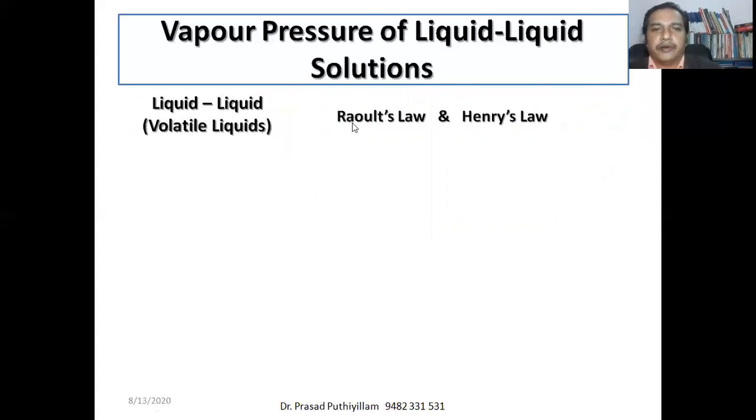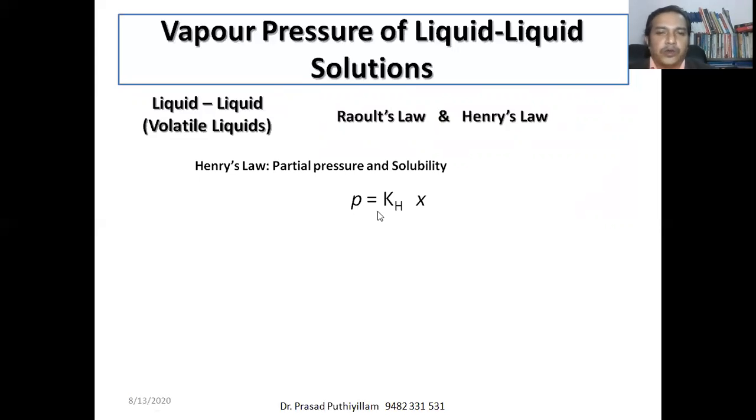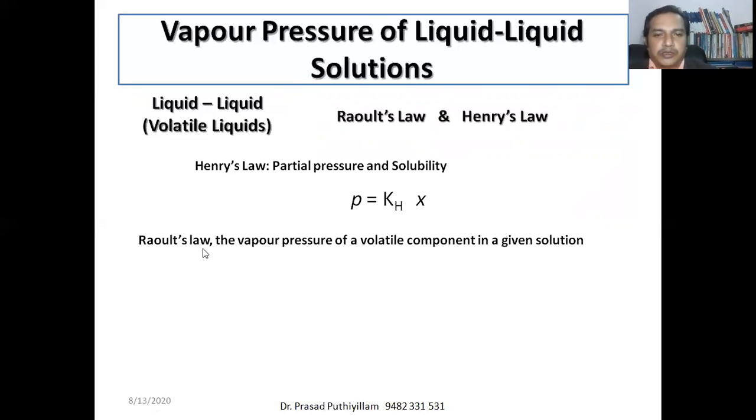Here Raoult's law and Henry's law, a special case, can be considered. Henry's law relates the partial pressure to the solubility, and it says that P is equal to KH x. This was already discussed in the previous class. Partial pressure is equal to Henry's constant into mole fraction. And for Raoult's law, which we just found, the expression is Pi is equal to P0i xi.